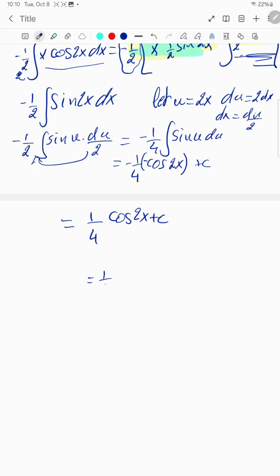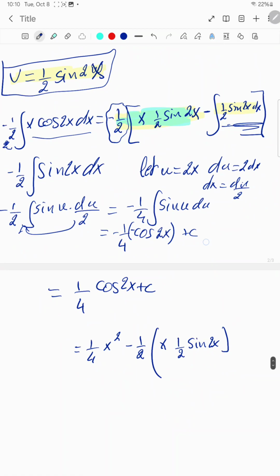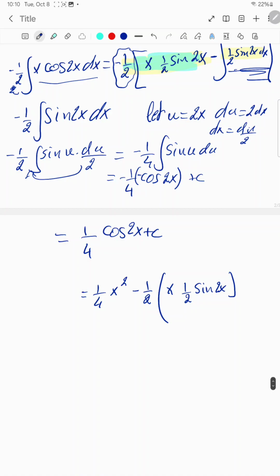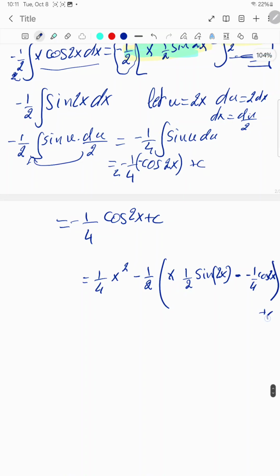So it is equal to 1/4 of x to the power of 2 minus 1/2 multiplied by x times 1/2 sine of 2x, and then minus, and then I have the minus here which I forgot to put, minus 1/4 cosine of 2x plus c.